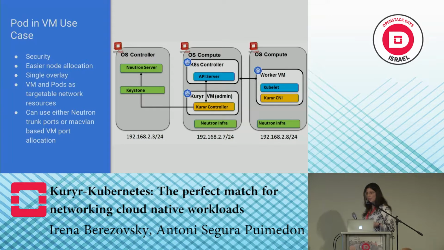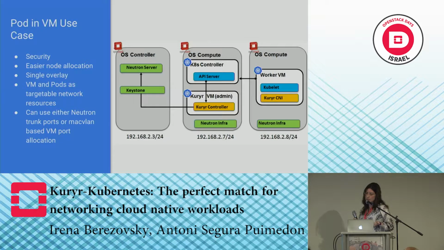For the pod in VM case, which we also call the nested case, when your containers are deployed inside virtual machines, this case is usually used when you need proper separation between different tenants. So the tenant gets its own virtual machines, and security and different policies can be applied at the level of the tenant on the virtual machine, with no mix and match between the containers from different users.